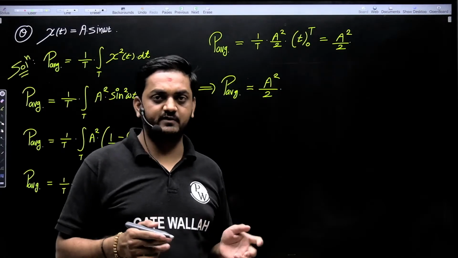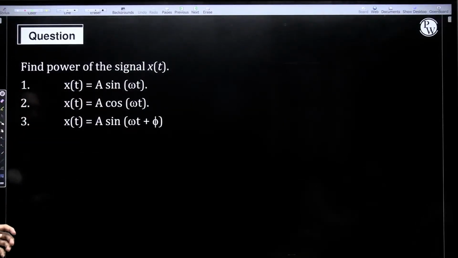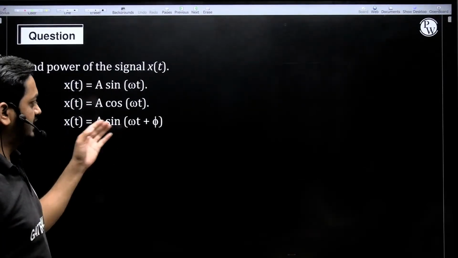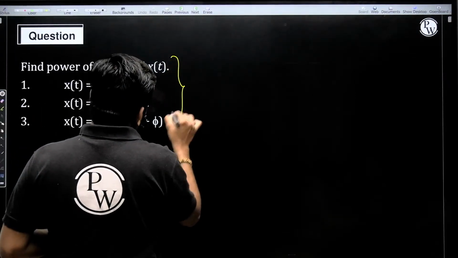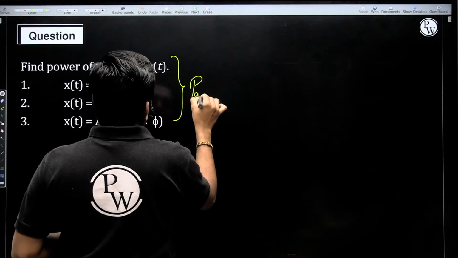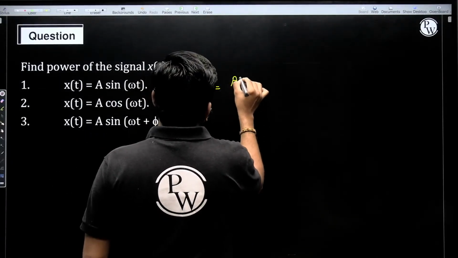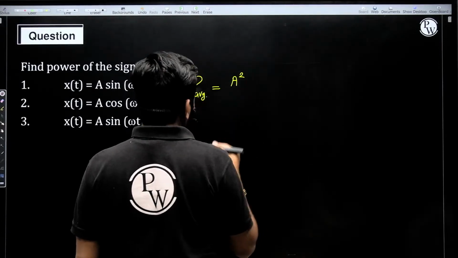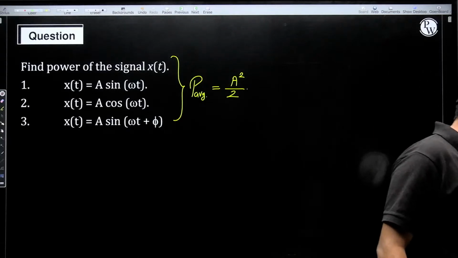So whether it is a sin omega t, a cos omega t, or a sin(omega t plus phi), or a cos(omega t plus phi), the average power of any sinusoidal function is given by peak value square divided by 2, whether the peak value is positive or negative. Clear to each and everyone?